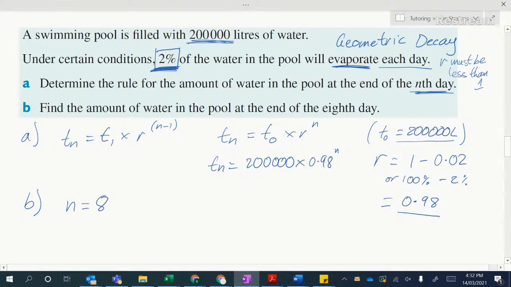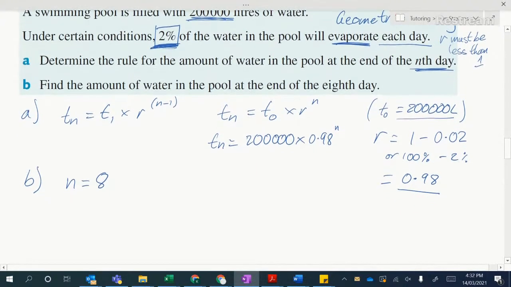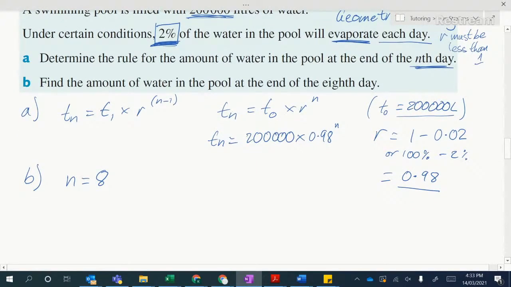So essentially what I'm doing is I'm taking that rule and I'm substituting 8 into the place of n because that's the 8th day, because I started at 0 in this case. Okay, pop that into your calculator and see what you get.